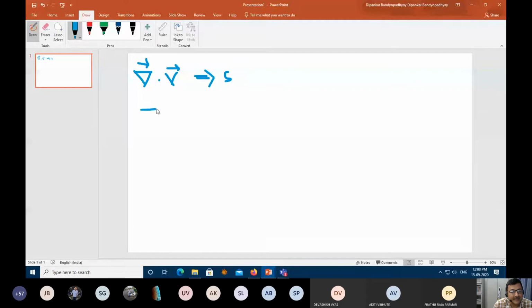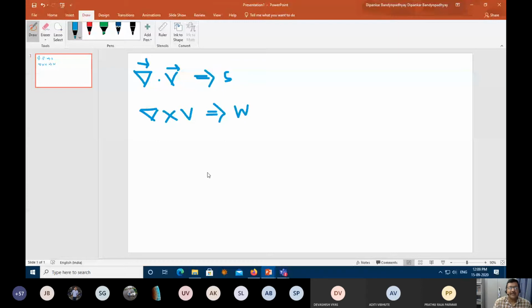But if I take the curl of the vector, I end up getting a vector. Suppose I don't write V, I write something like W. This vector is perpendicular to both the gradient operator as well as V.